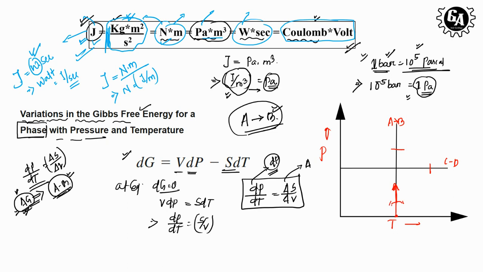Can I tell that along this A to B reaction, it is more sensitive to a temperature boundary? Because it is happening over a range of pressure at that particular temperature.